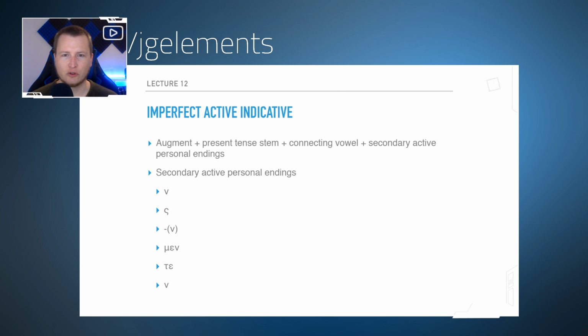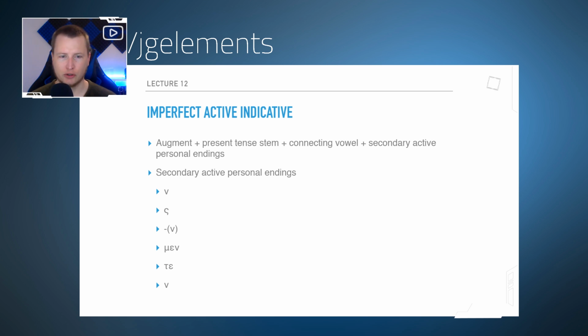I guess you could say it's a form of ablaut to compensate for the fact that it needs to have an additional vowel. Then it takes the present tense stem. Yes, that's right. It's a past tense using a present tense stem. That's no different than, say, the future tense, okay? Uses the present tense stem, then a connecting vowel, and then secondary active personal endings.